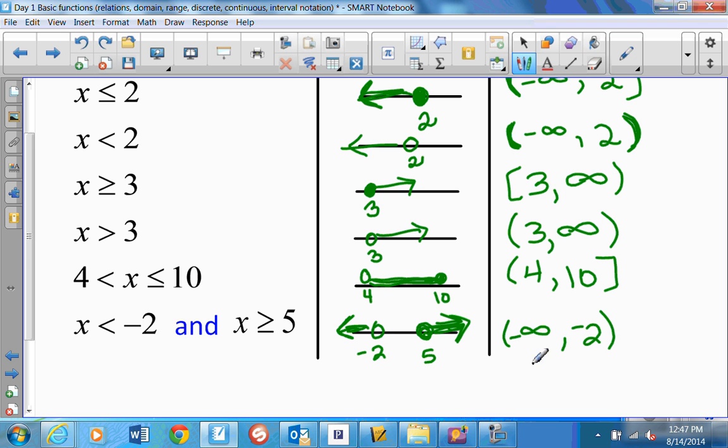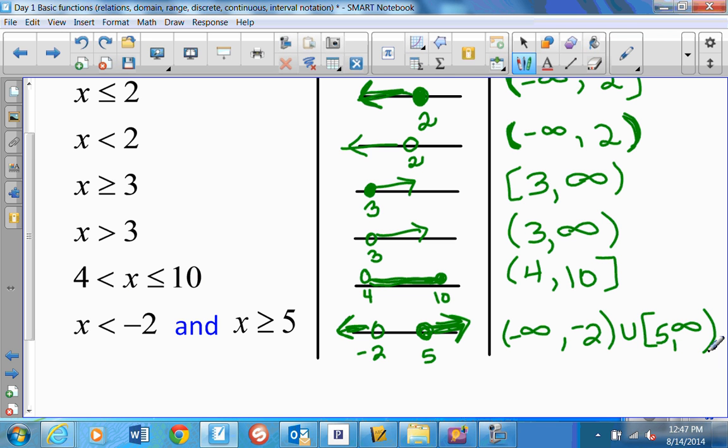Yes. So it's from -infinity to -2, and then we stop. And we're going to use this symbol, which means in union with. And now we're going to write this. Beyond.